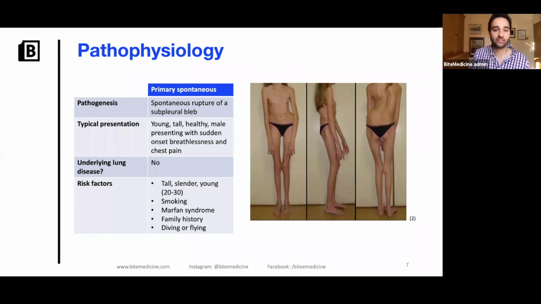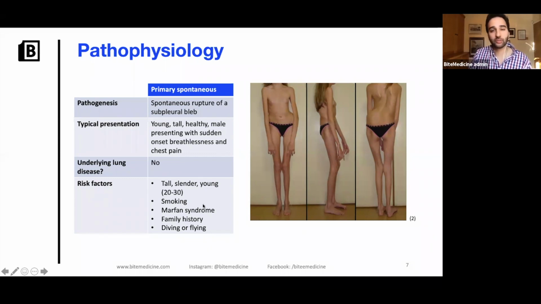So really straightforward. For examination purposes, particularly, it's going to be young, tall, healthy males. That's the most common demographic, and Asian as well. And they often present like they have presented in this case.